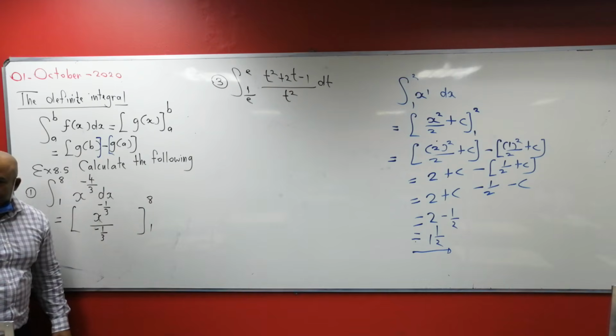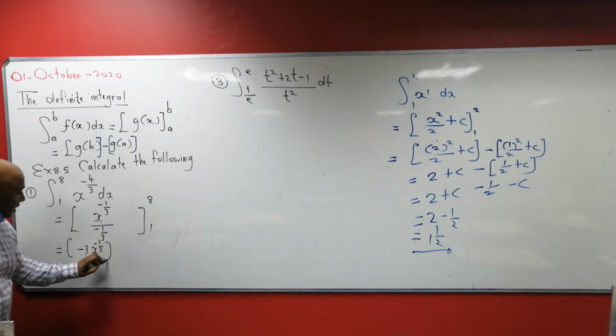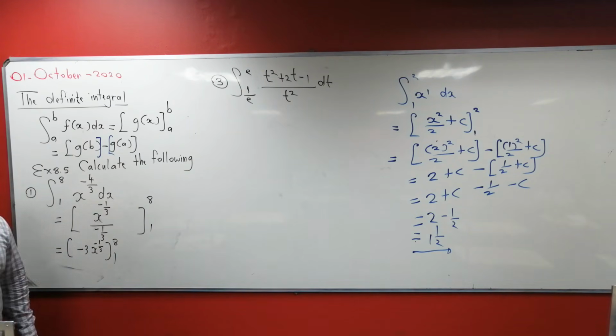You got that? Right, so you don't have to go and simplify here, but if you want to, you can. But this fraction here is the same as minus 3. You're clear with that? 1 divided by minus 1 over 3 is minus 3. x to the power minus 1 over 3. Then I got my 8 and 1.